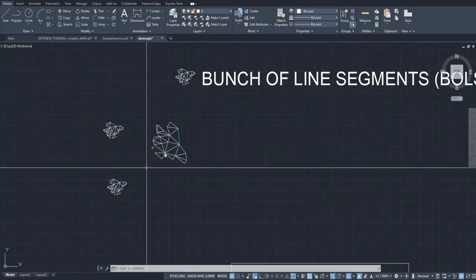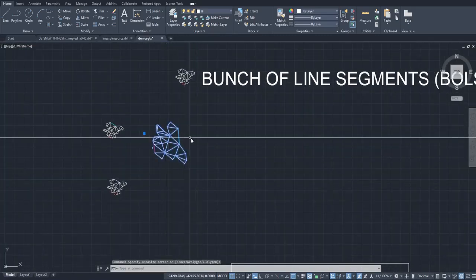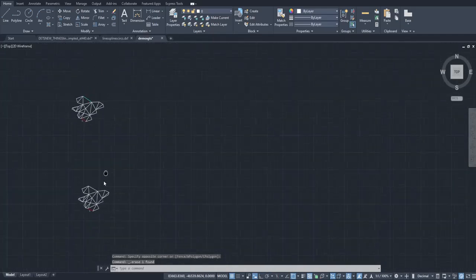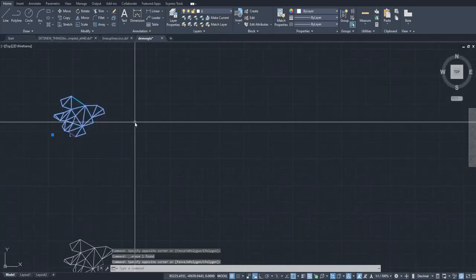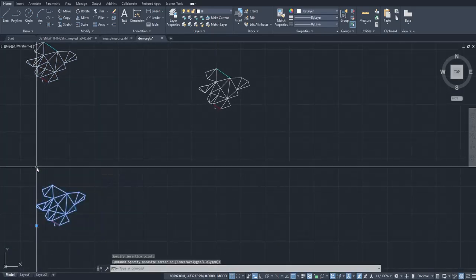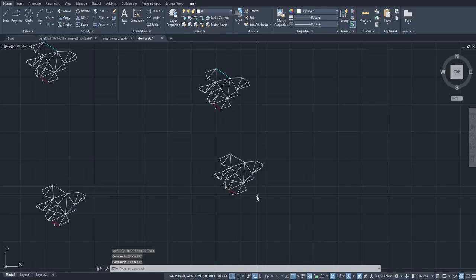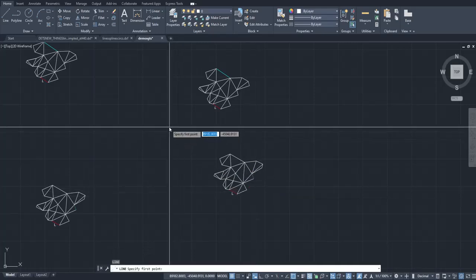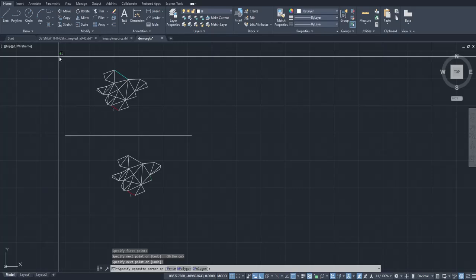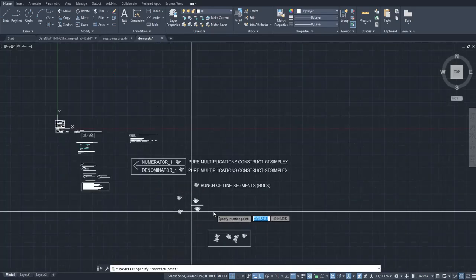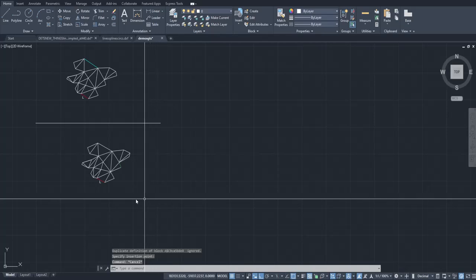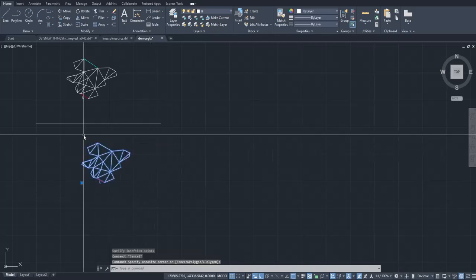Now this bunch of line segments is there. Suppose one is the numerator and another is the denominator. Now when we are getting this bunch of line segments, we have the numerator constructed from the denominator, and that means when doing the division of this numerator bunch of line segments with the denominator bunch of line segments, we have to think about the four different kinds of alignments of the outputs to the outputs.